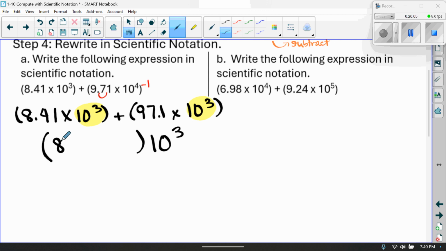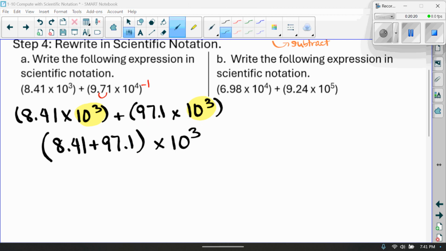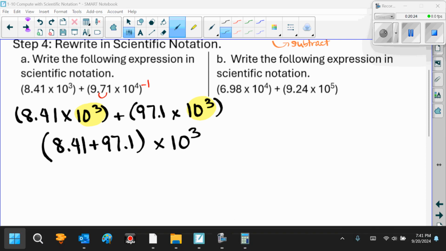And then we're going to add 8.41 plus 97.1, times 10 to the third power. Okay?